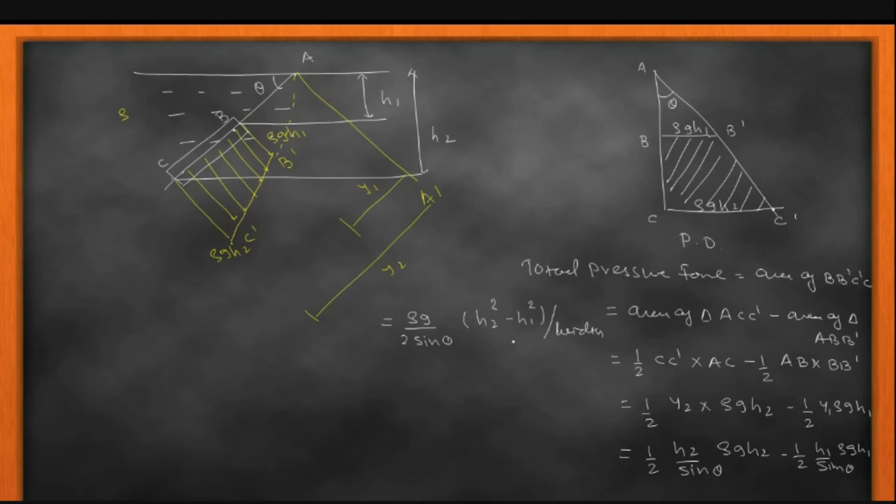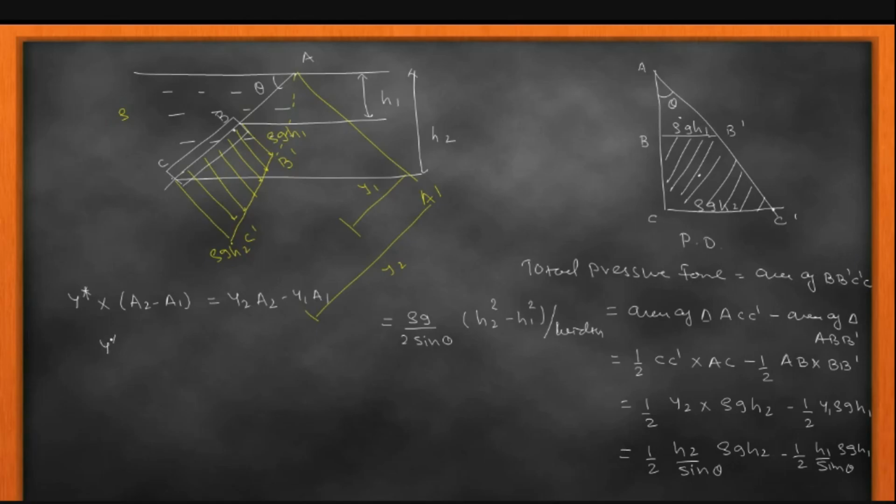Now the center of pressure. For the center of pressure, we need to look at the center of pressure of this first triangle and the second triangle, located at certain distances y1 and y2. So we get y star into the total area, that is the subtraction a2 minus a1, which equals y2 a2 minus y1 a1.